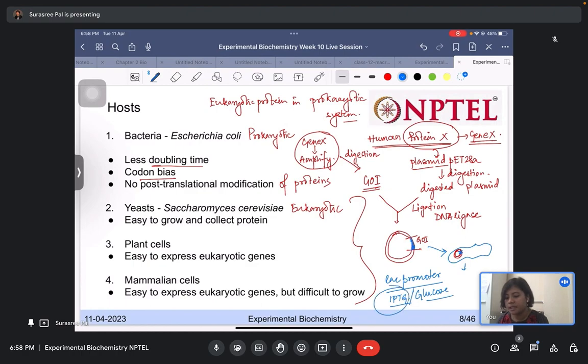So we use IPTG to induce this lac promoter to produce mRNA of the gene X, and to finally produce the protein X by translation. So finally this protein X can be produced.